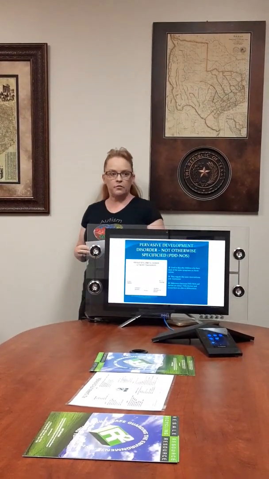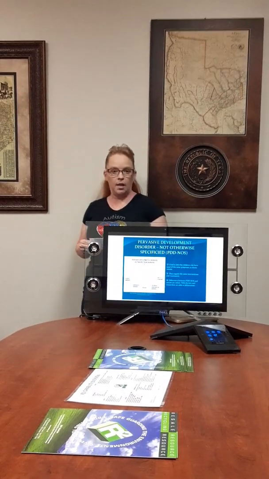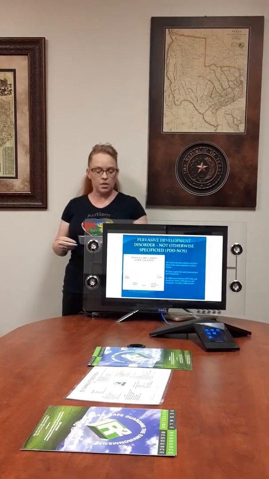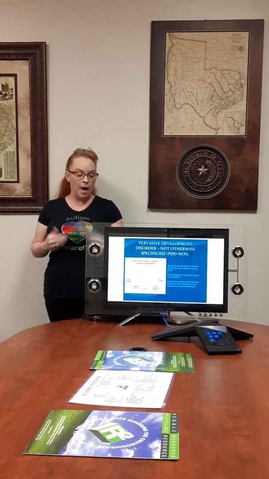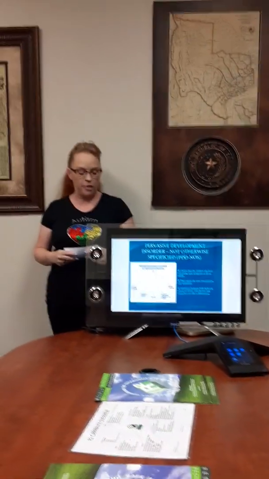And this is pervasive developmental disorder. You can also hear it called PDD, or pervasive developmental disorder, NOS. I personally have a child that was diagnosed with PDD at the age of 2 years old. He's now 25.